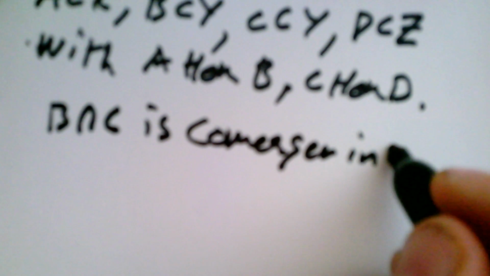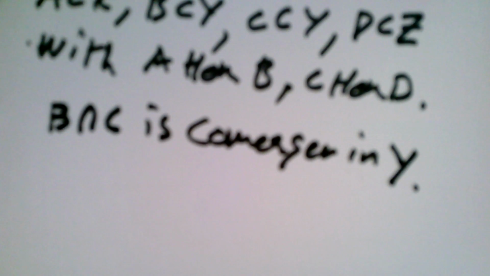So what we know is that B intersect C is comeager in Y. We get that because X, Y, and Z are Baire spaces.